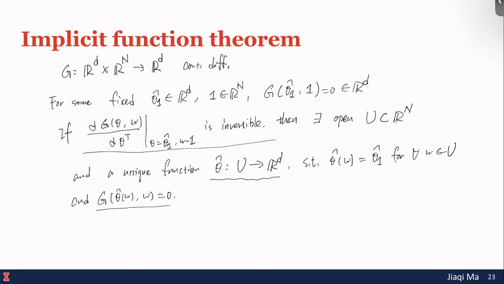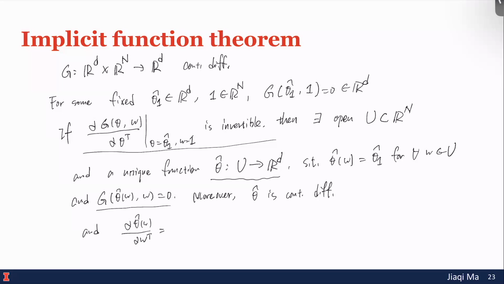The theorem is slightly more general, but written in the context of our notations, it basically says this. Moreover, theta hat is continuously differentiable, and we can know the derivative of theta hat with respect to W transpose.